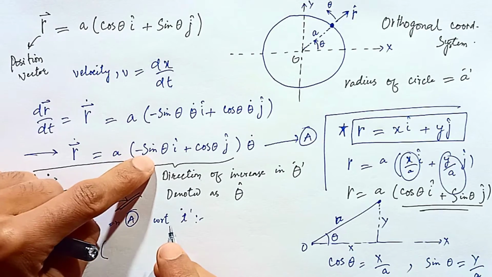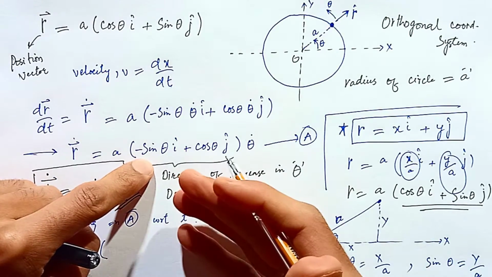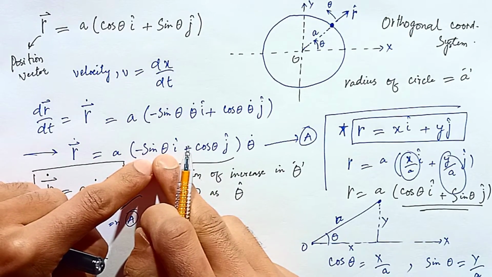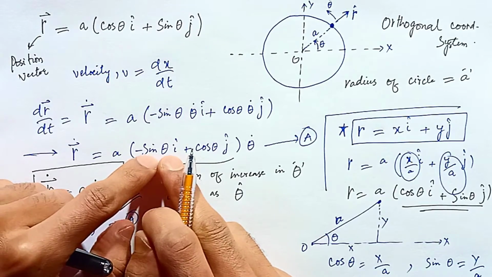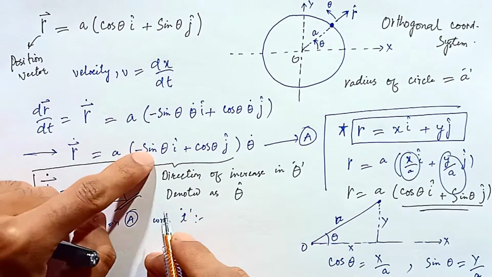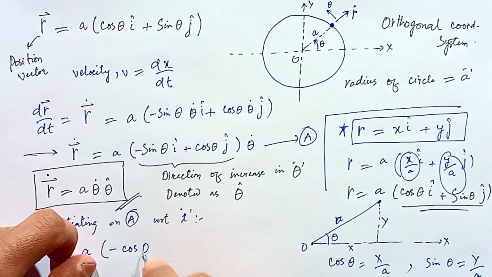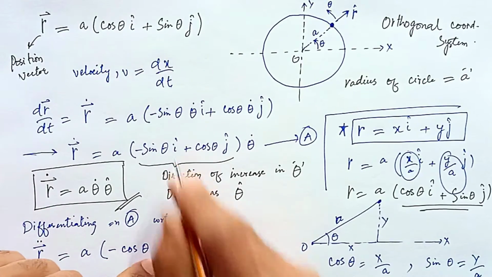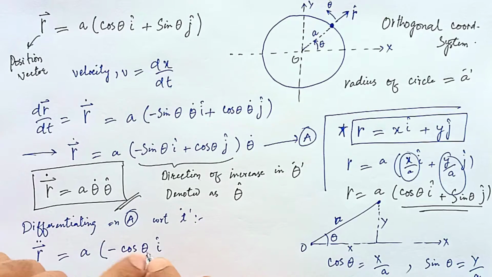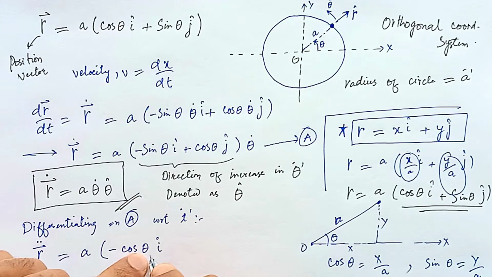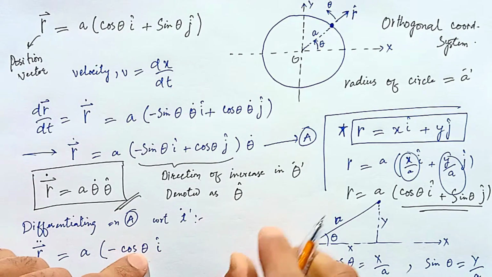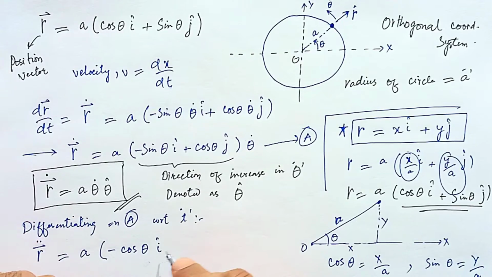Now again, the differentiation of sine theta, it's theta dot. We'll get cosine theta theta dot, but minus times. So we'll get cosine theta theta dot i. Okay, but I'm not writing down theta dot here because it will come outside. Fine.